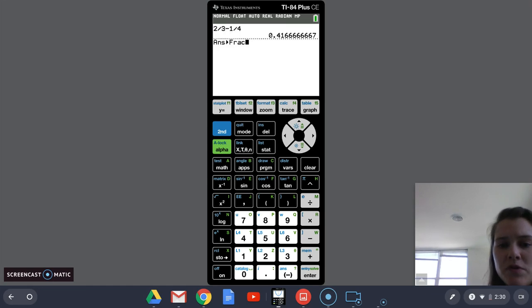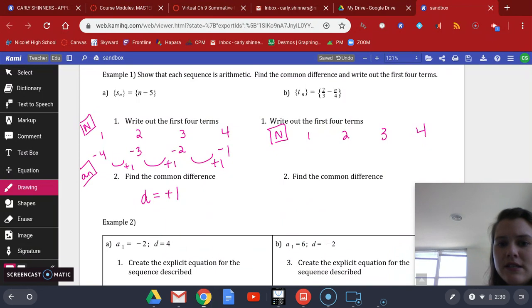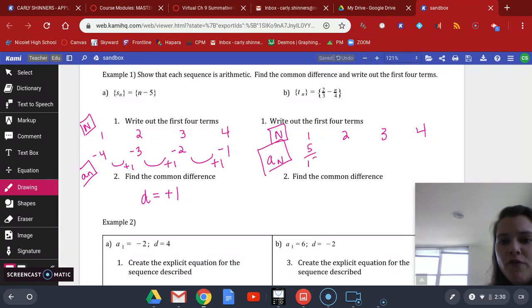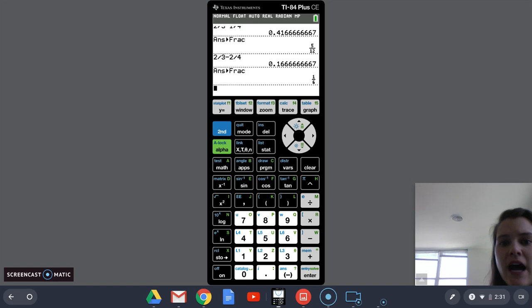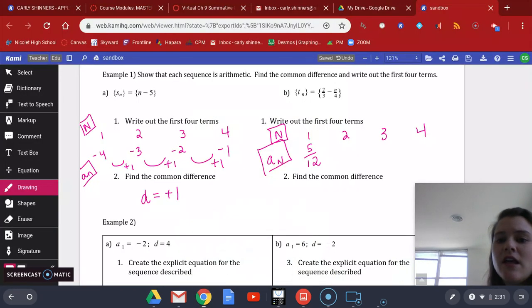And let's do some math frac action to get a nice fraction. So 5/12 is my first term. Now I'm just going to do that again. 2/3 minus 2/4. Math frac, that's going to be 1/6.